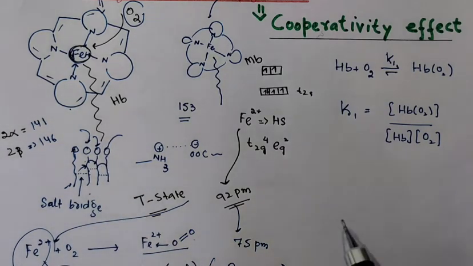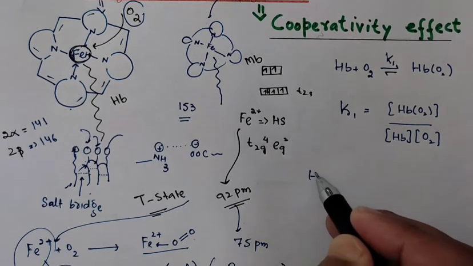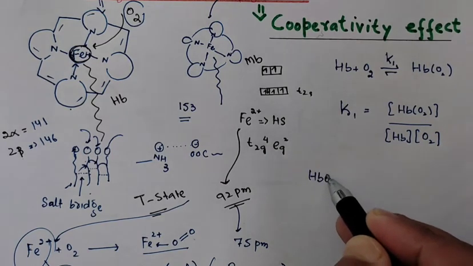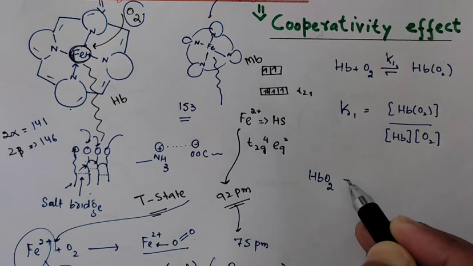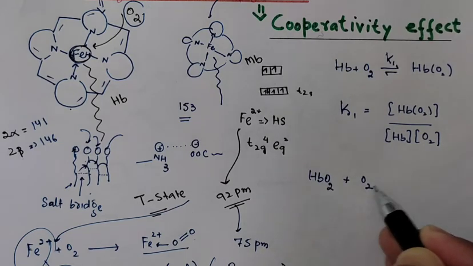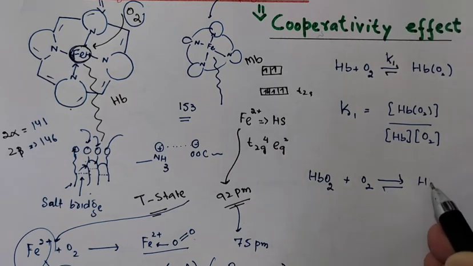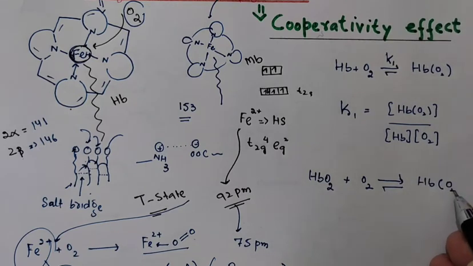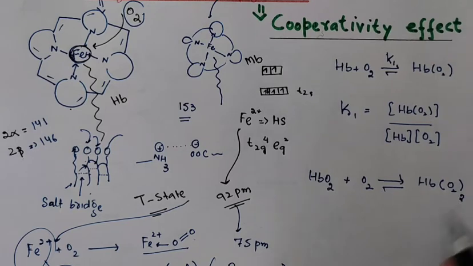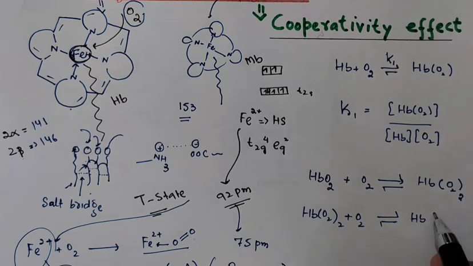So if you write down these affinities, write down for the second molecule, it is like this: HbO2 takes one more oxygen, it forms HbO2 twice, a reversible equilibrium. Likewise, when the third molecule of oxygen joins, it forms HbO2 whole 3.